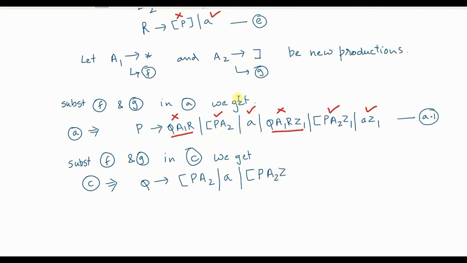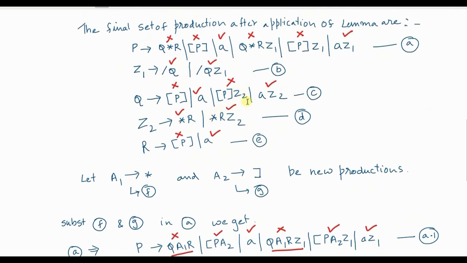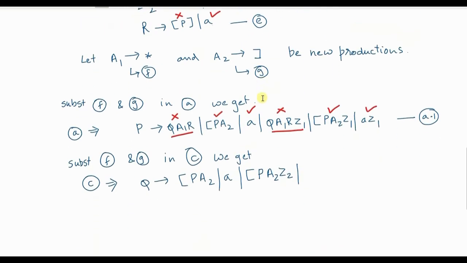The next term here is already in GNF, so I will write it as it is, AZ2. Since it is C, I will call this C.1, the first version of C. But notice that here, although this term is in GNF, this also in GNF, this and this, yes, all four terms are now in GNF.